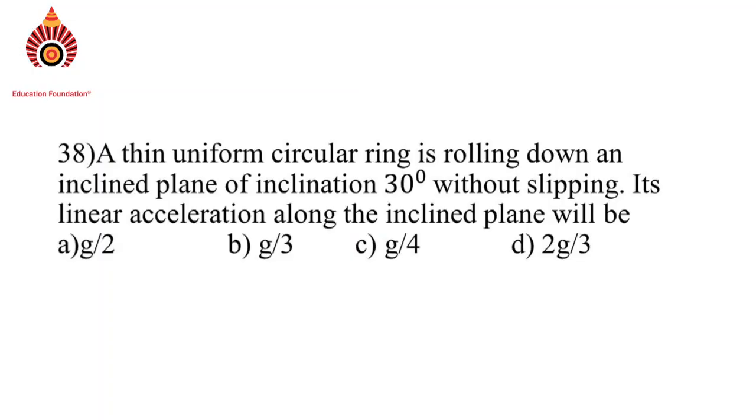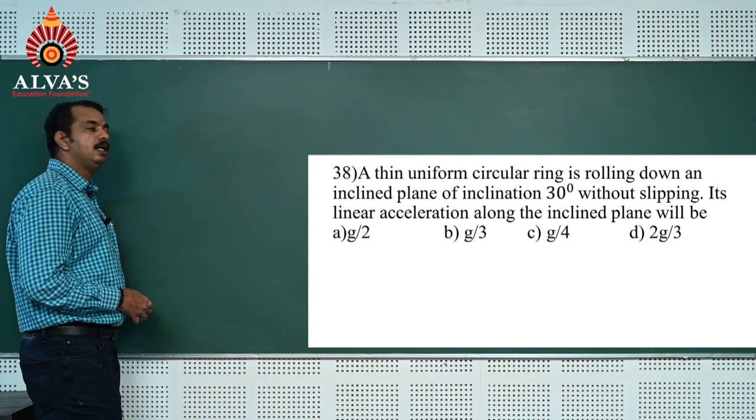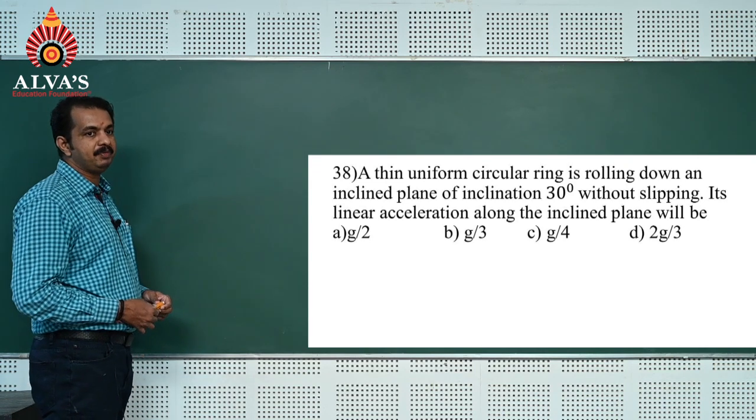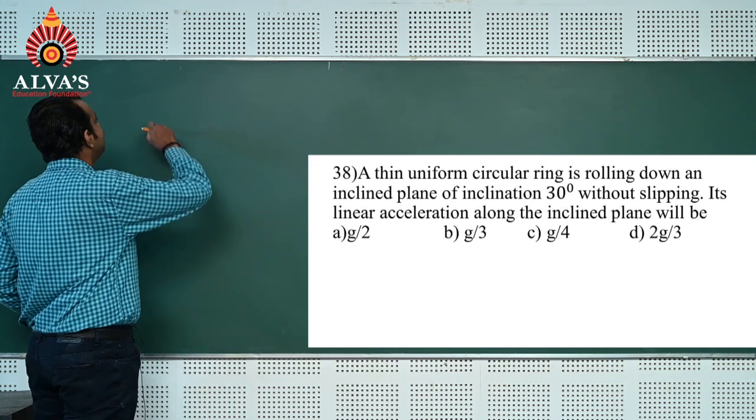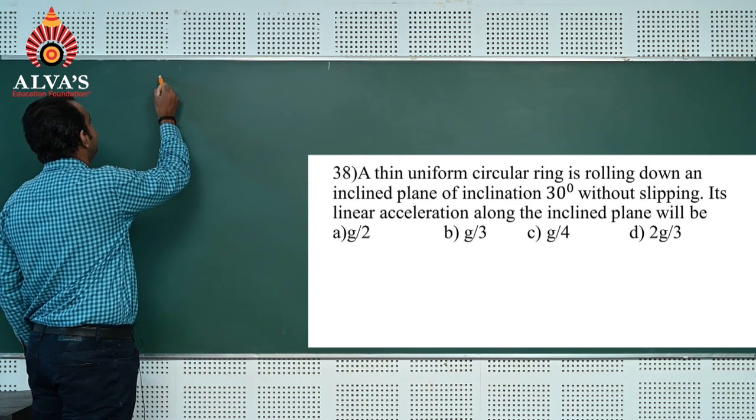Question number 38. A thin uniform circular ring is rolling down an inclined plane of inclination 30 degree without slipping. Its linear acceleration along the inclined plane will be. It is a uniform circular ring rolling on an inclined plane, and the acceleration is asked.